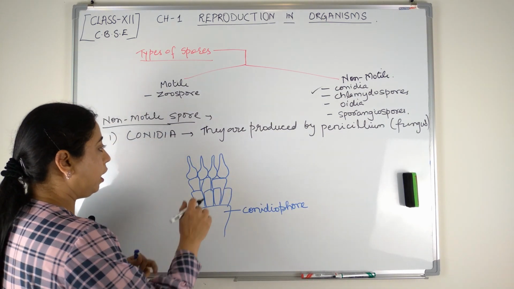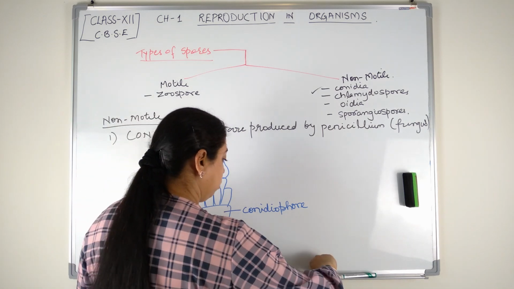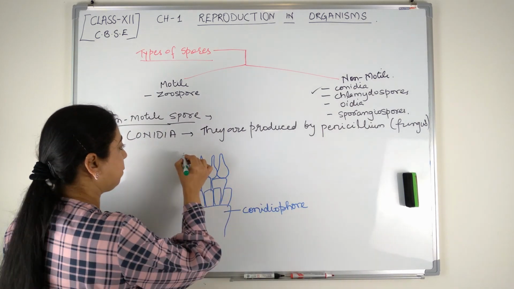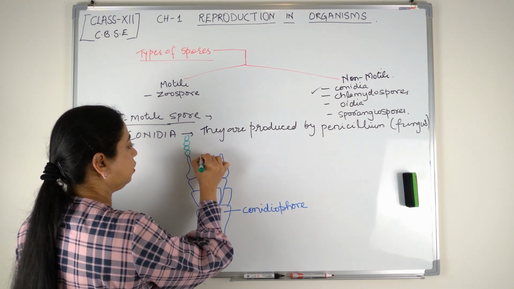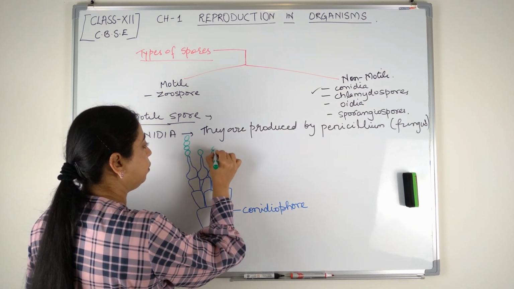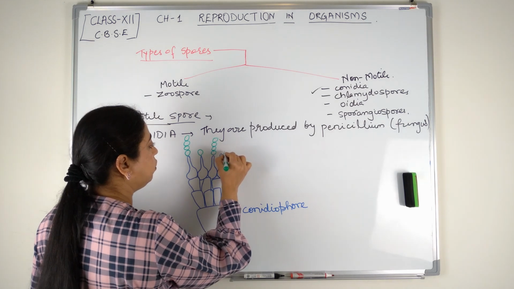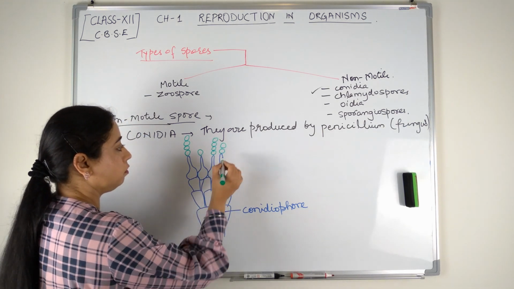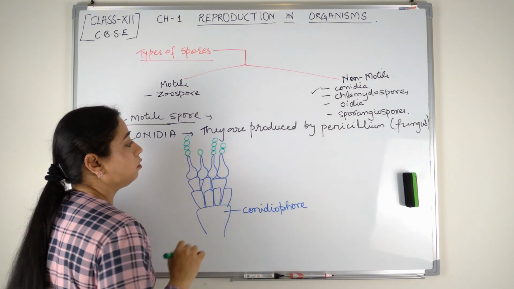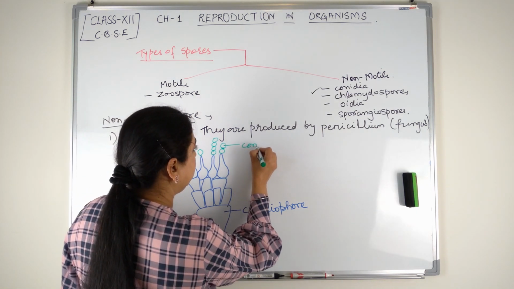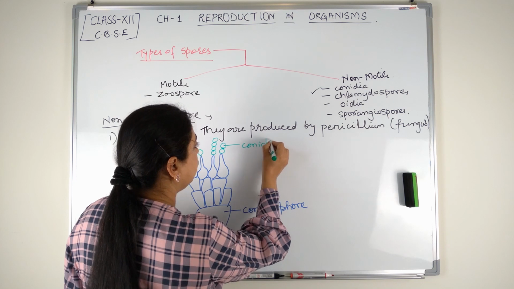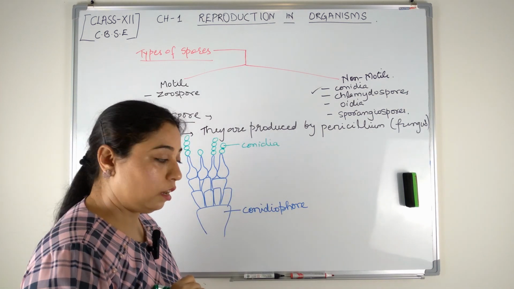And at the tip of the conidiophore, rounded bodies are growing. These rounded structures are the spores called conidia. Clear?